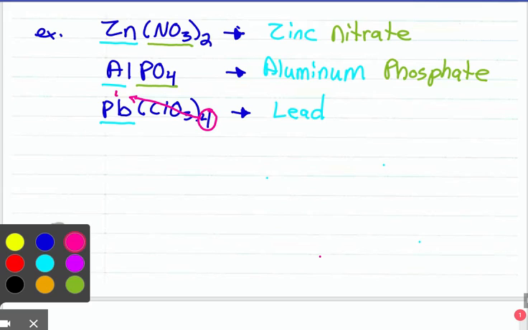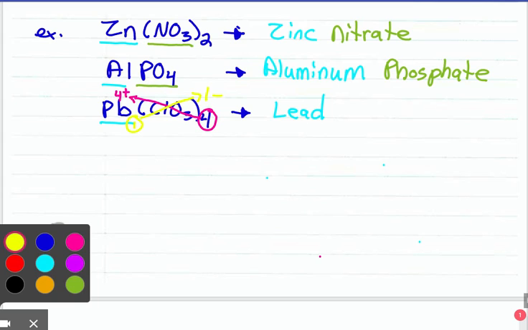So this 4 comes up here and it's 4 plus. And the invisible 1 here is going to come up here and be 1 negative. You have to do a quick little check to make sure your charges are right. 4 plus is an option for lead, so that's good.